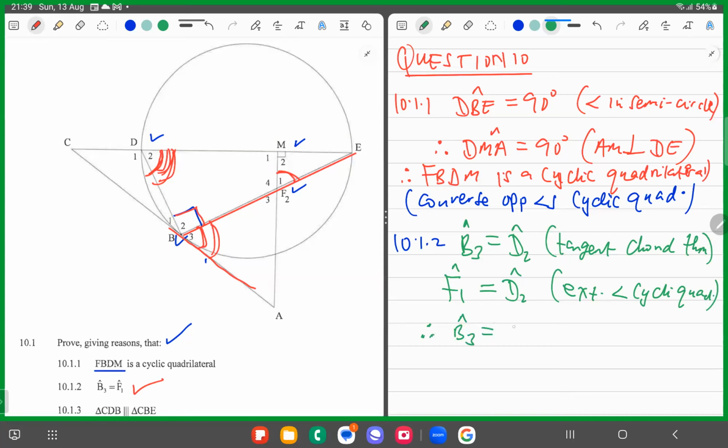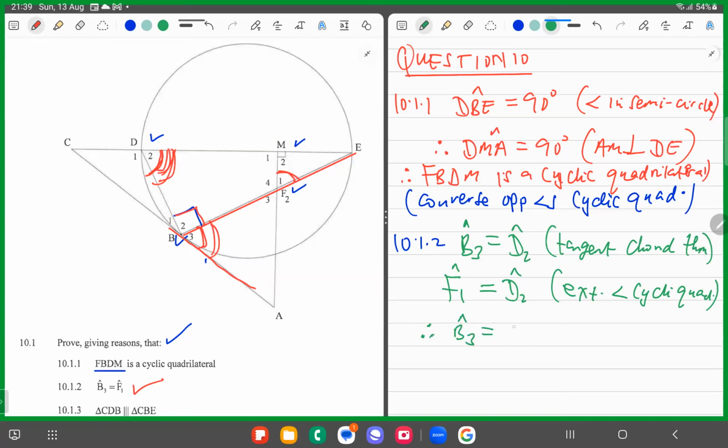Angle B3 is equal to F1 because both are equal to D2. And we have proven that angle B3 is equal to F1. This is what we have to prove in the question.